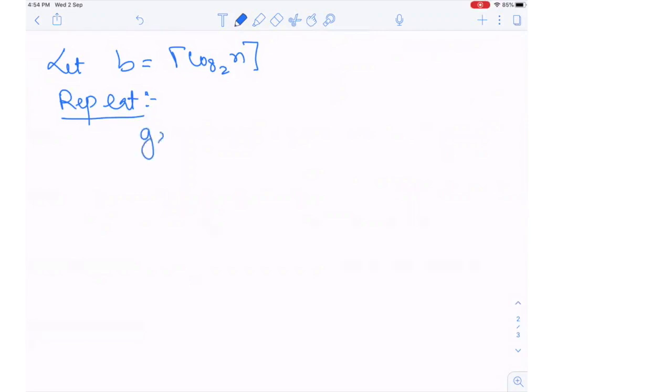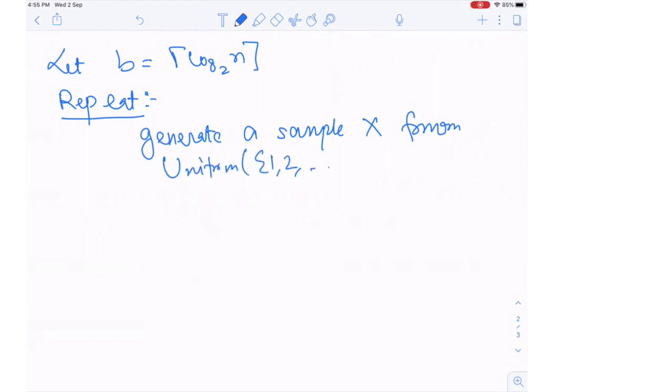So what you do is that you set b equal to ceiling of log n, and you repeat the following procedure. You generate a sample x from uniform 2 to the power b, from the previous algorithm, as described above.